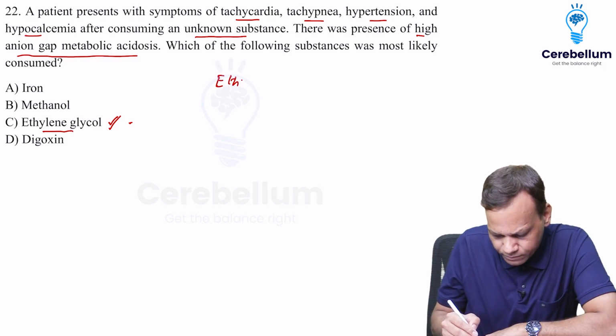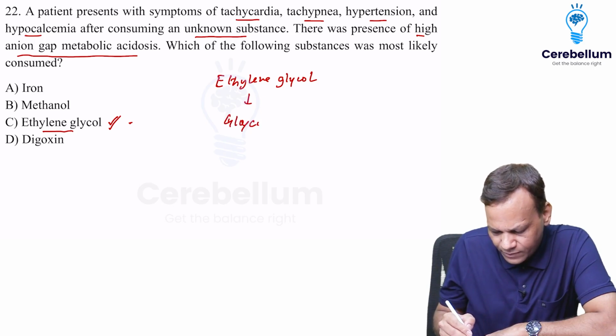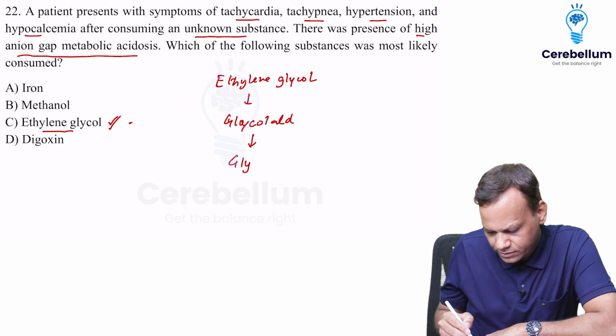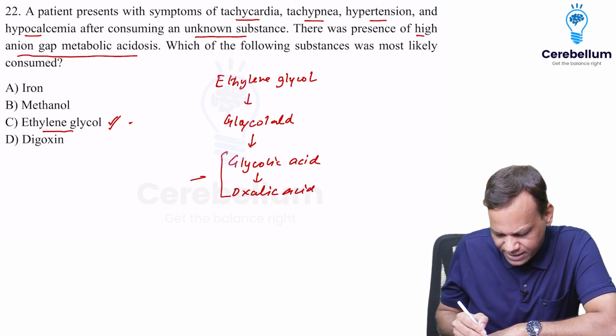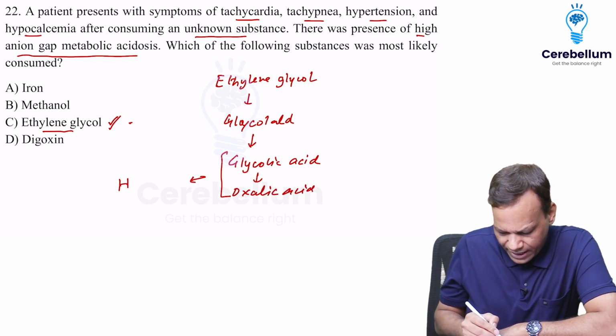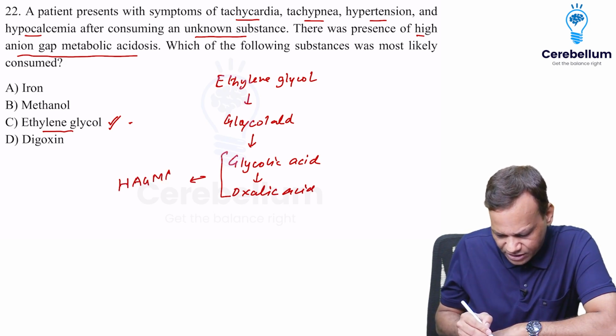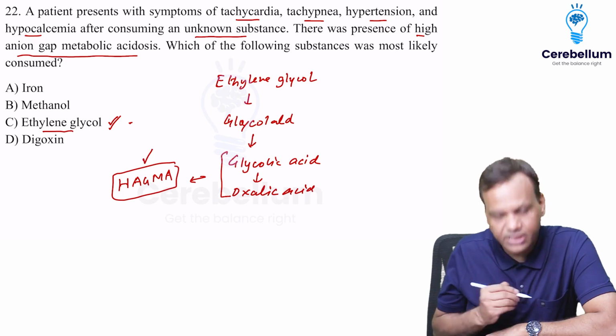Ethylene glycol is metabolized to form glycolaldehyde, which leads to conversion into glycolic acid, which is metabolized to form oxalic acid. So what happens? Because of accumulation of acids, there is high anion gap metabolic acidosis.